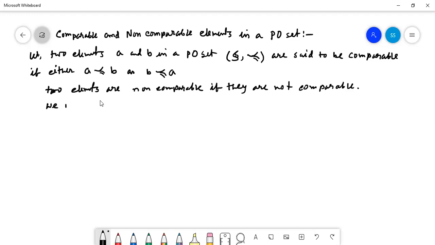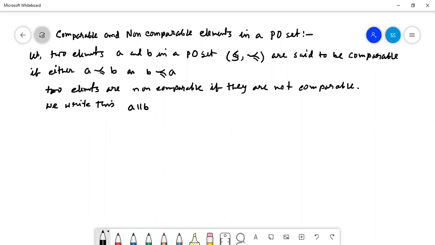And we write this A is non-comparable to B. This sign means non-comparable.